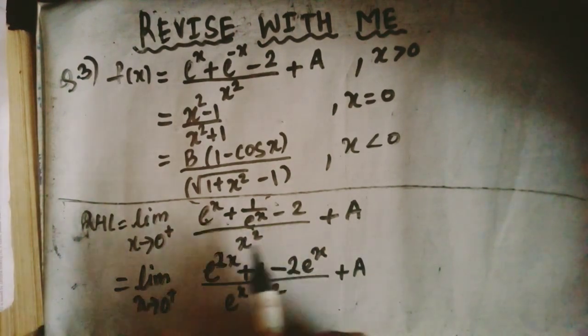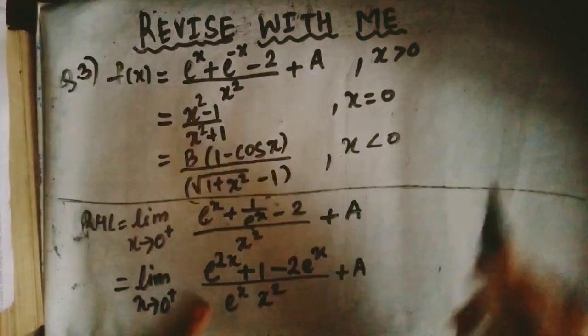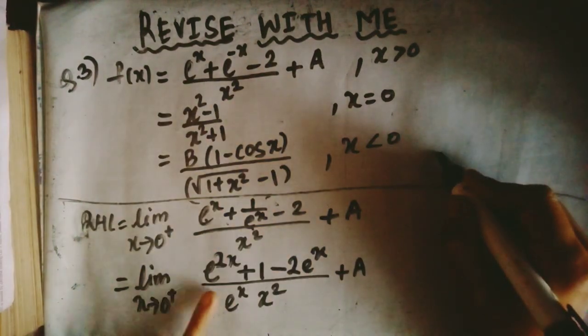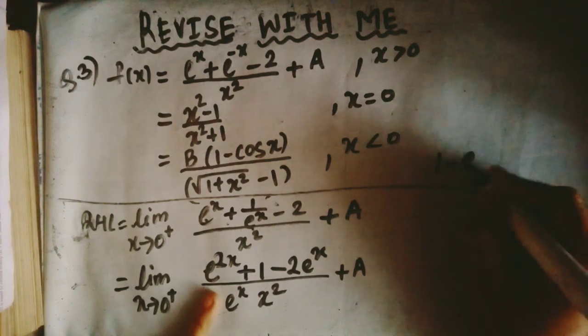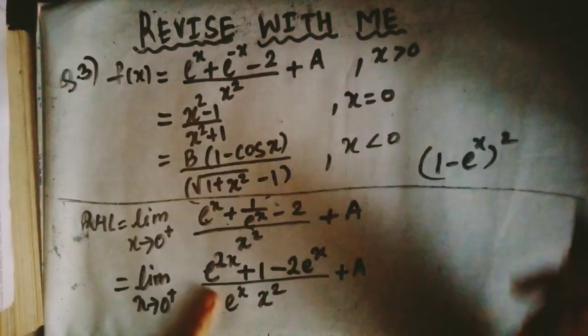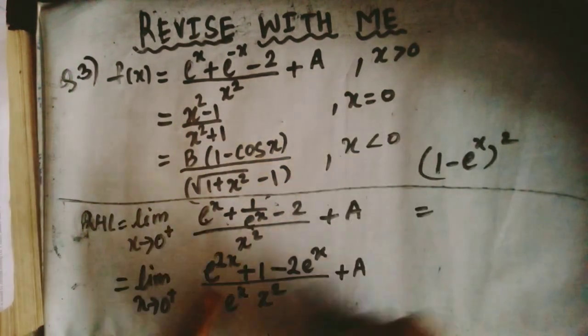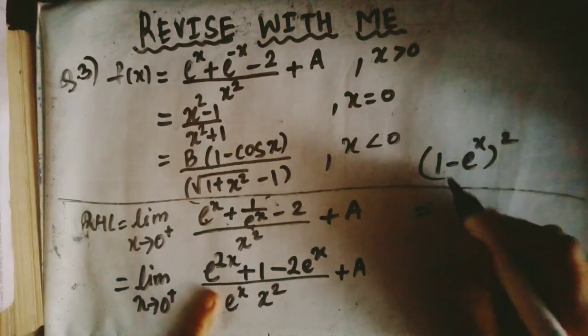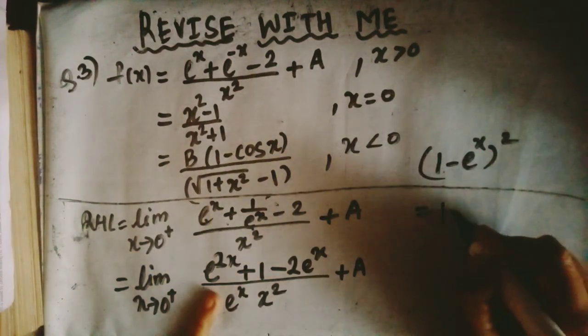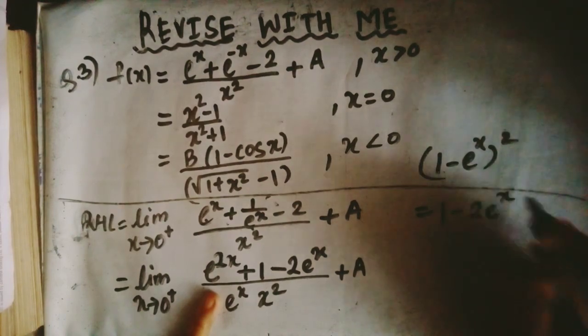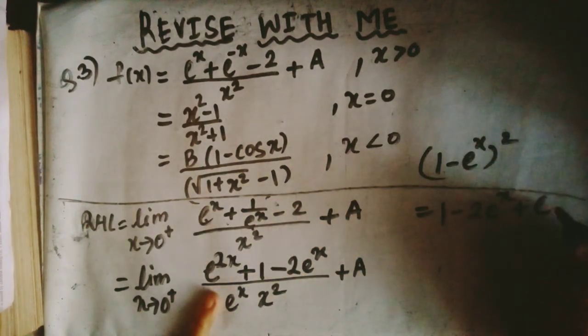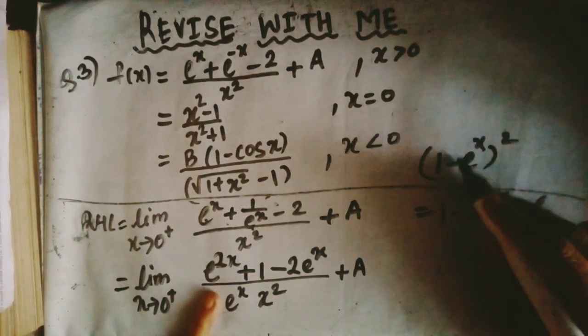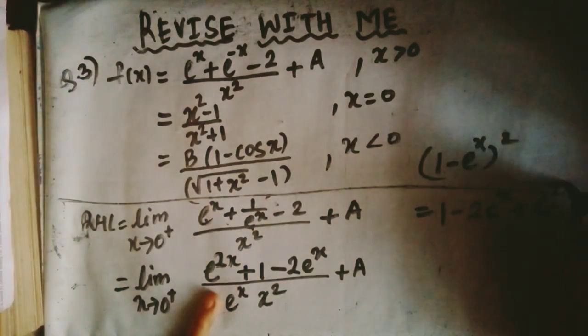Now this term we can write it as 1 minus e raised to x the whole square. Okay, if you expand it, you will get this same term. Okay, so this will be 1 minus 2 e raised to x plus e raised to x the whole square, which is e raised to 2x.